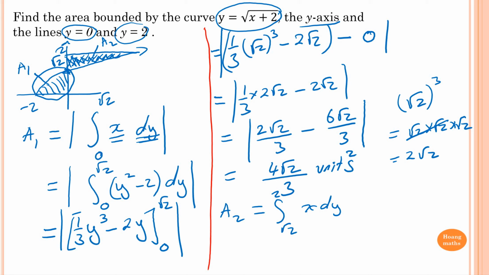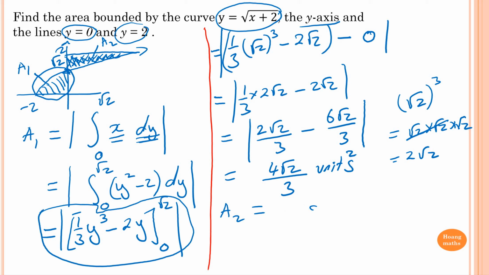But we already integrated this in here, so I can just write it out. A2 equals 1/3 y cubed minus 2y, this time from root 2 all the way to 2. Now I just substitute the values in.